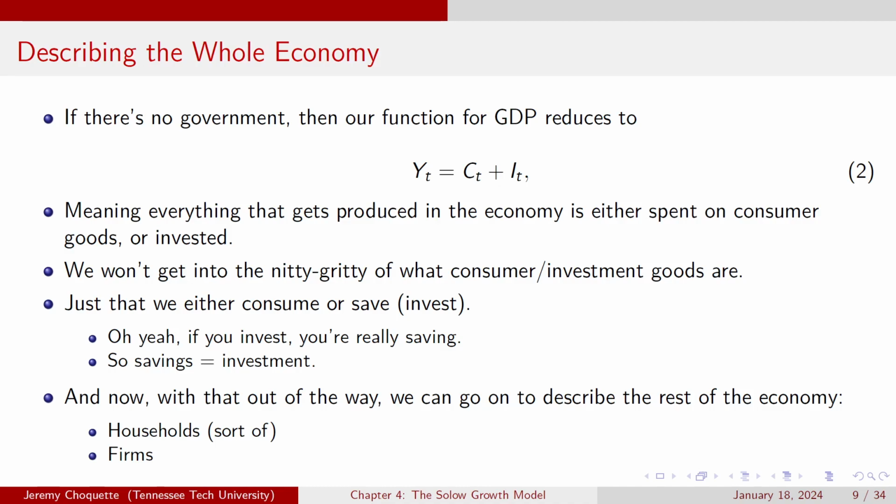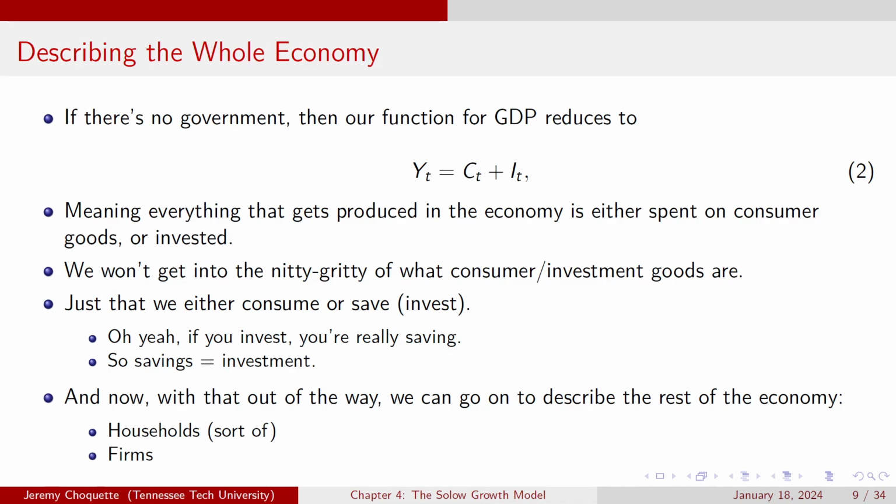And that finished product is split between what gets consumed and what gets invested. Now, if you're investing here, what you're really doing is saving. So in this model, savings is equal to investment. If you're ever dealing with a closed model, meaning there's no trade and no international finance, savings will be equal to investment.